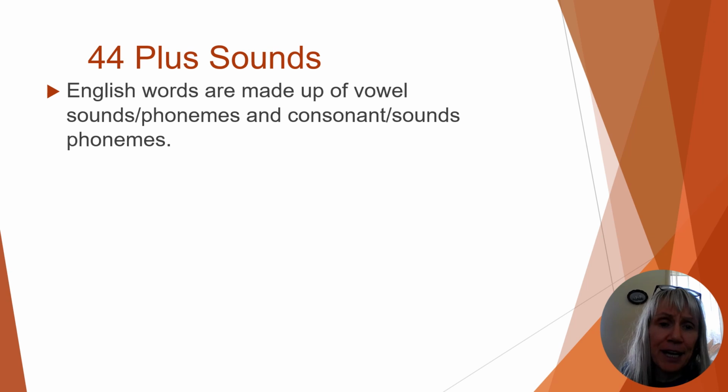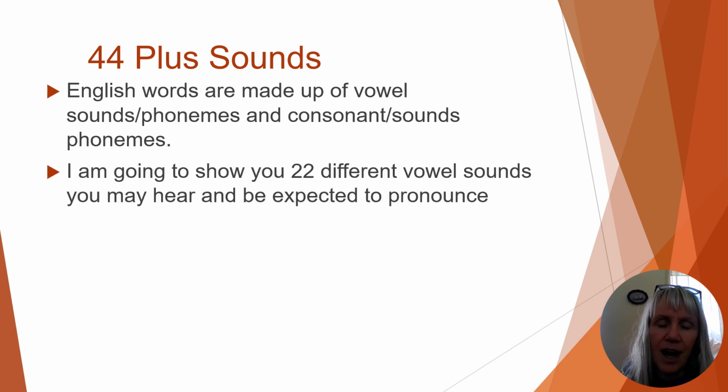English words are made up of vowel sounds, phonemes, and consonant sounds, which are also phonemes. I am going to show you 22 different vowel sounds that you may hear and be expected to pronounce. 22 vowel sounds.